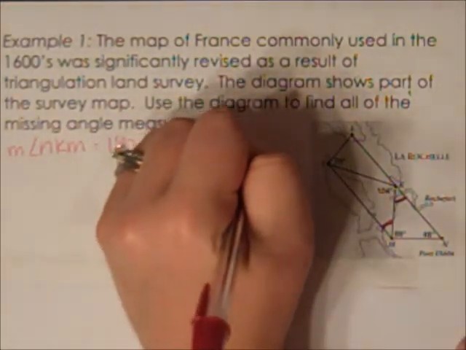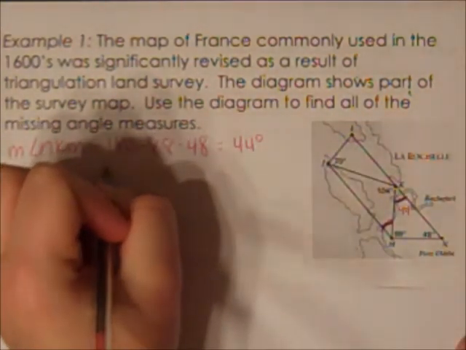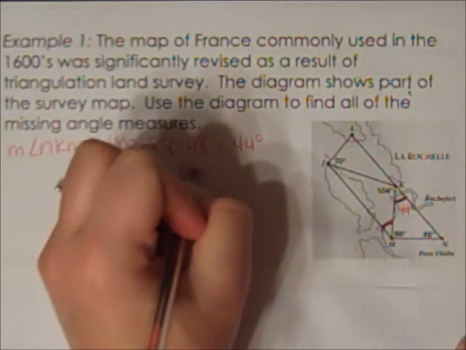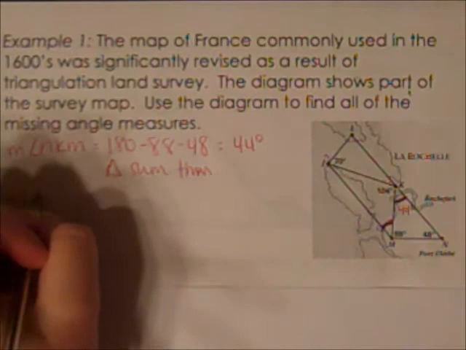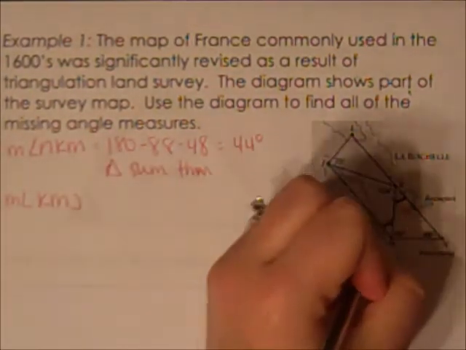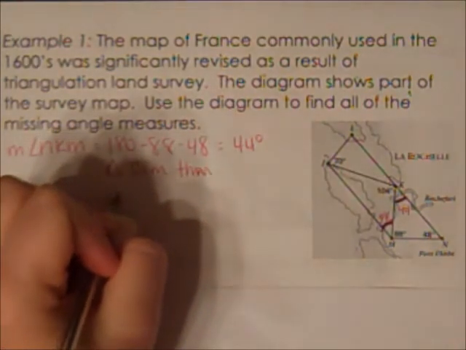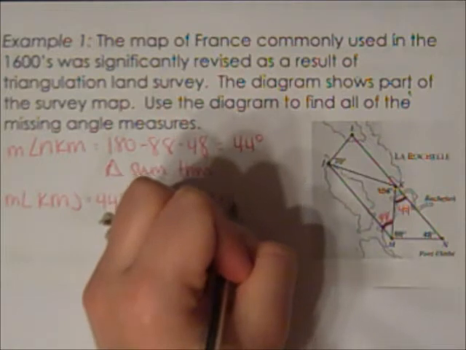So that means there are 44 degrees left to spare for NKM. I'm also going to put that we used the triangle sum theorem here, just so we don't forget. Moving on around the side, the measure of angle KMJ is also 44 degrees because it's given that it's congruent to angle NKM.